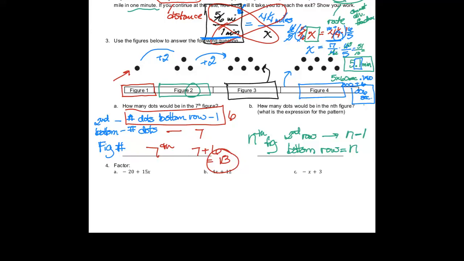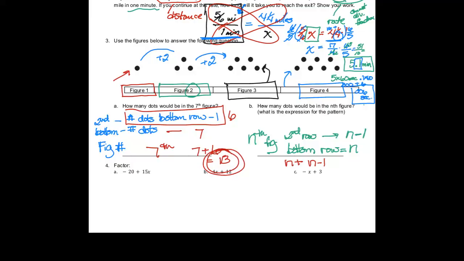So if I am finding the total number of dots, what would I do with those two expressions? What did we do over here? Did we add, subtract, multiply, or divide? Add. So I need to take n from the bottom row plus n minus 1 from the row above it, the second row. Can I simplify that? What is n plus n minus 1?